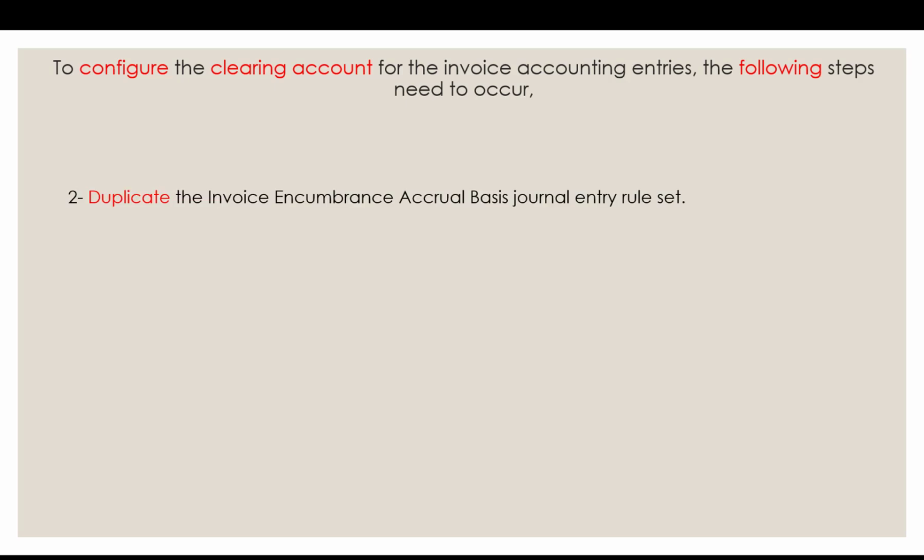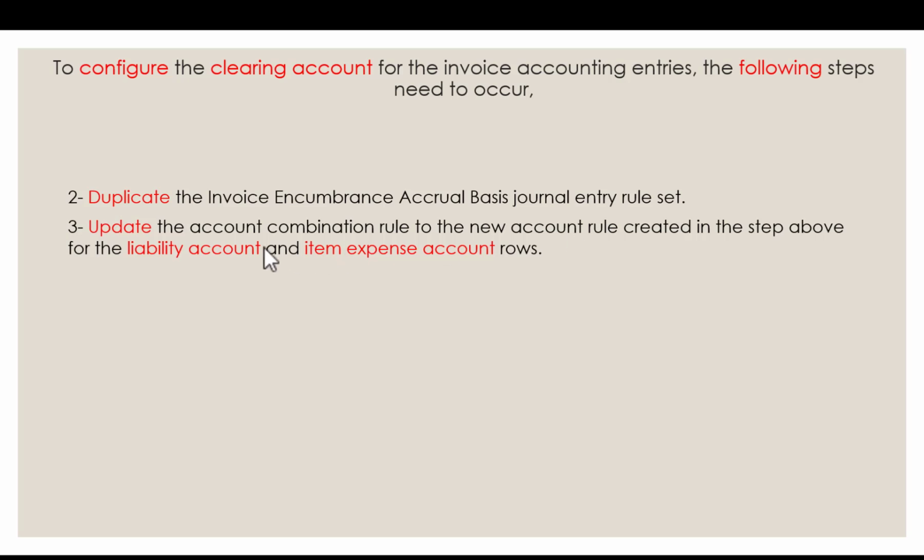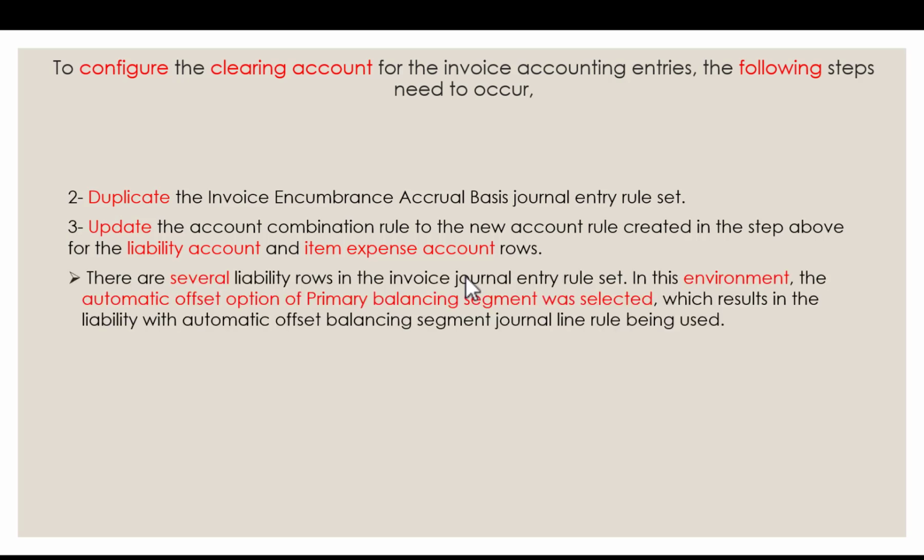Then you will duplicate the invoice encumbrance accrual basis journal entry rule set. Update also the account combination rule to the new account rule created in the previous step for the liability and item expense. There are several liability rules in the invoice journal entry. In this environment, with the automatic offset option, if you have several liabilities, you have to use offset options.